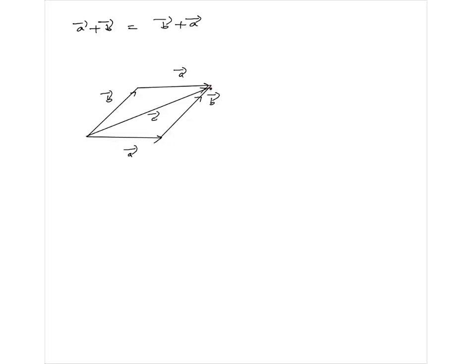If I use this triangle, then I can say that A plus B is C. And if I use that triangle, using the triangle law, I can say B plus A is C. There's no difference in these two, and therefore A plus B is B plus A.